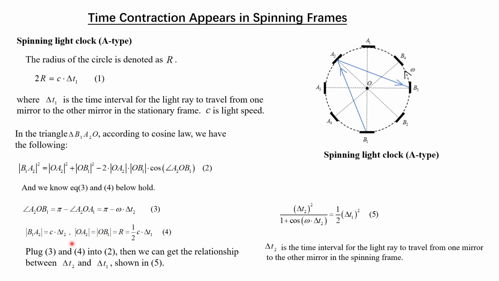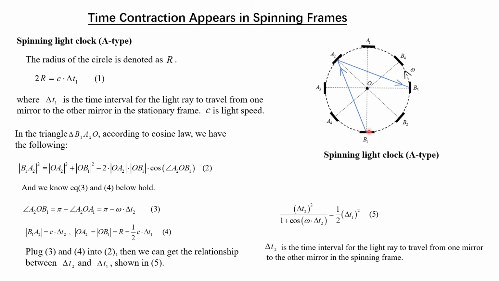We also have this equation 4 here: B1A2 equals c times delta T2, and OA2 equals OB1 equals r.